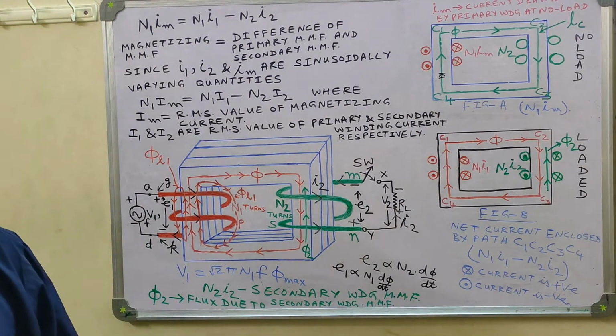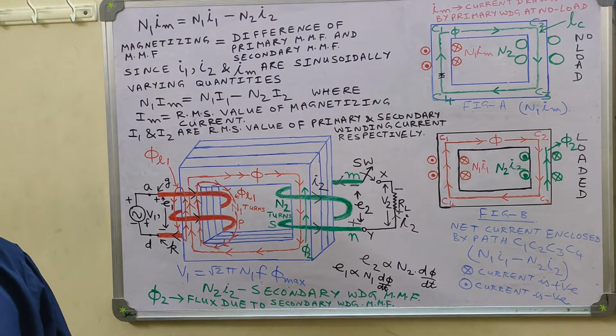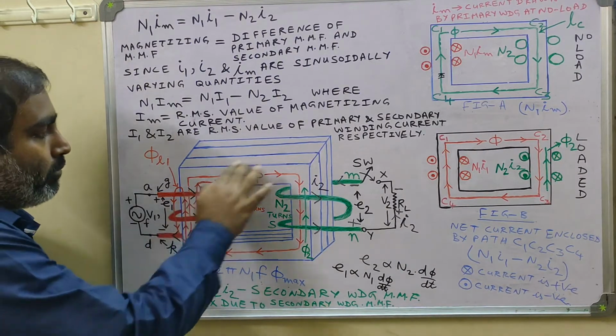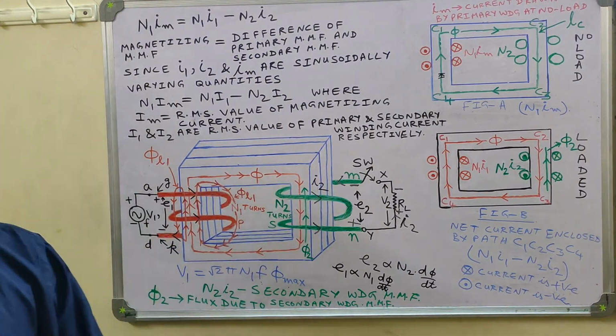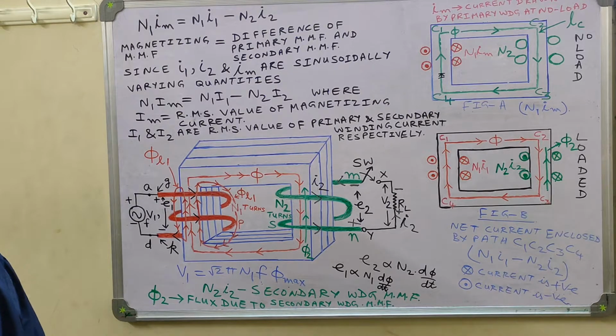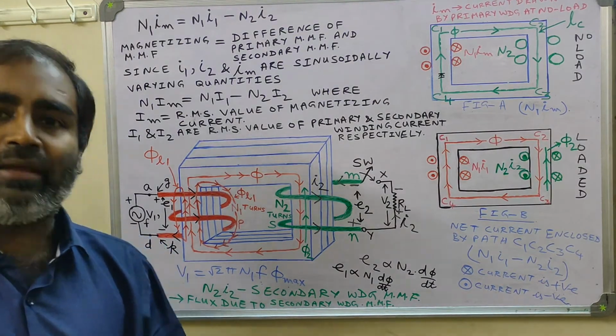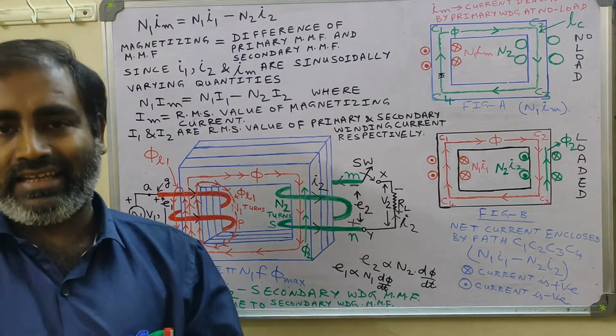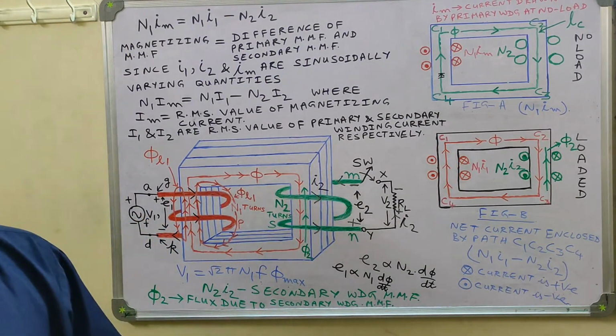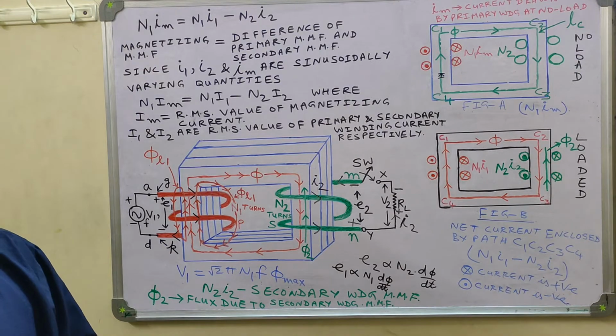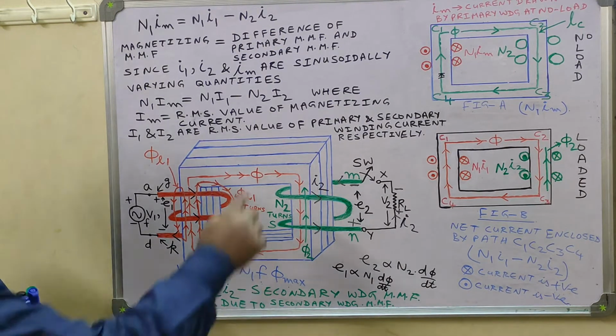One component is the magnetizing MMF, which is needed for establishing the mutual flux through the transformer magnetic core. There will be another component of primary MMF which will neutralize or cancel the demagnetizing MMF of the secondary winding, that is N2 i2.